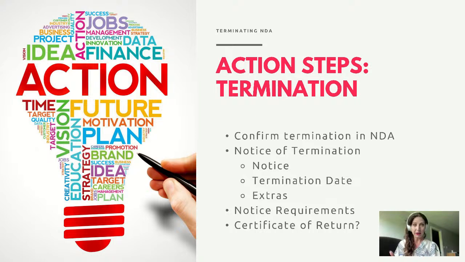It doesn't matter which party, but if it says one party or the other, confirm if you are that party. See if there are any requirements like a timeline or if it can be done at any time. And then what do you need to do? Written notice. And that would be our next step here, notice of termination. So now that we've confirmed we can terminate, we can go on to giving that notice of termination.